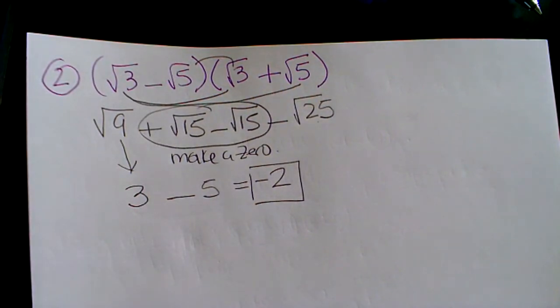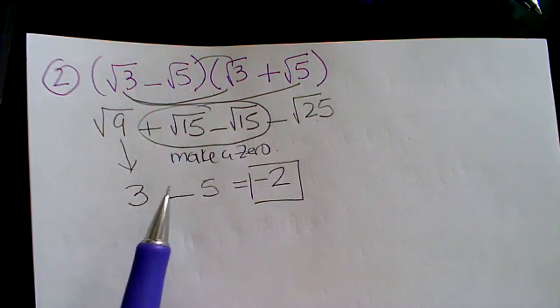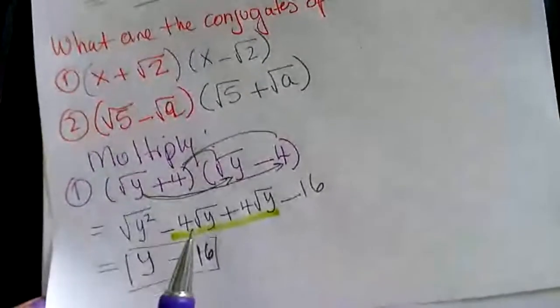Now, just notice that the square roots disappear when we do the multiplication.